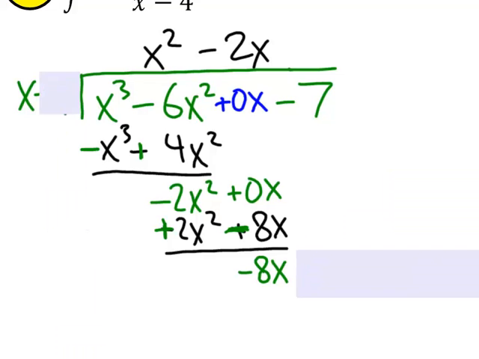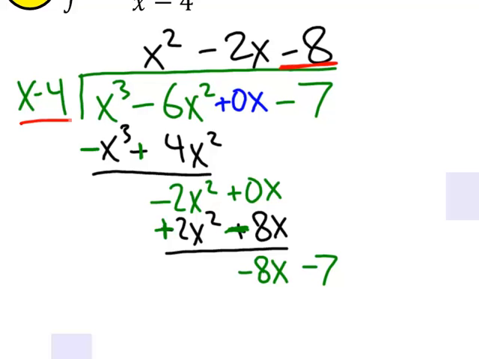Ask ourselves, how many times does x go into negative 8x? And we put a negative 8 up here. We multiply negative 8 times x minus 4, and that's going to give us negative 8x plus 32. One last time, reverse the signs, minus, and that gives us negative 39.